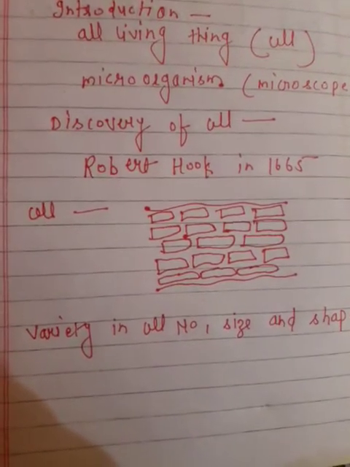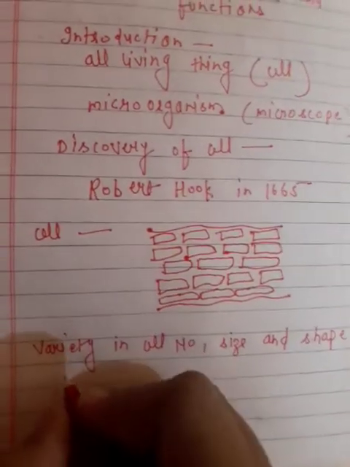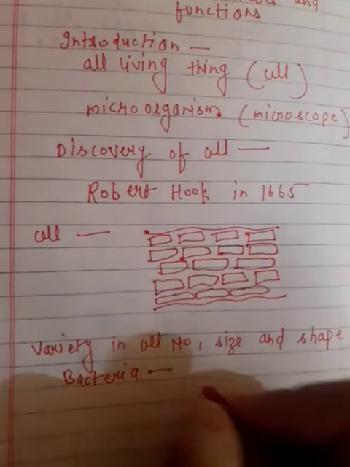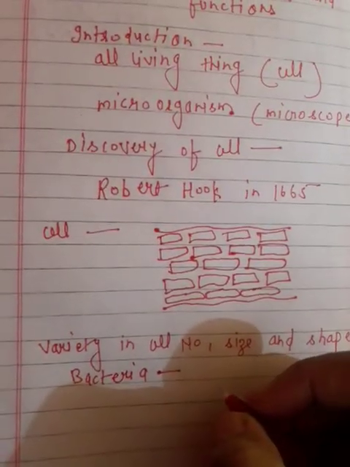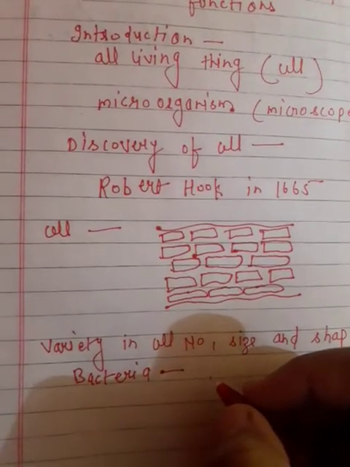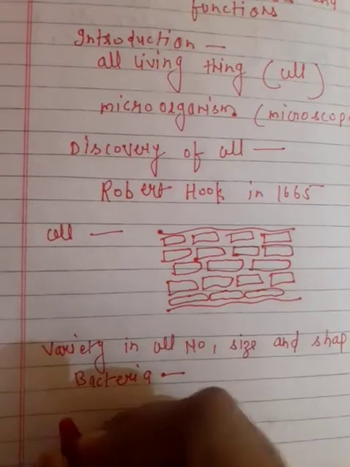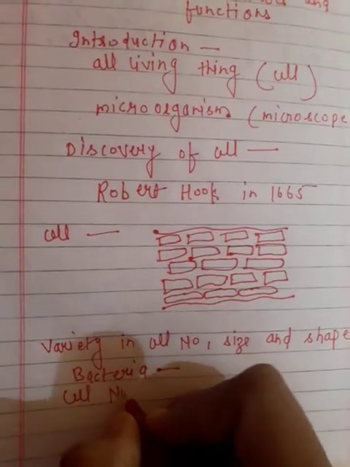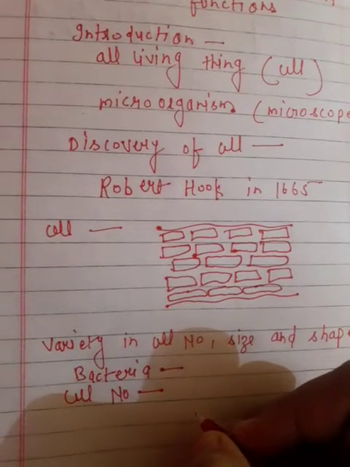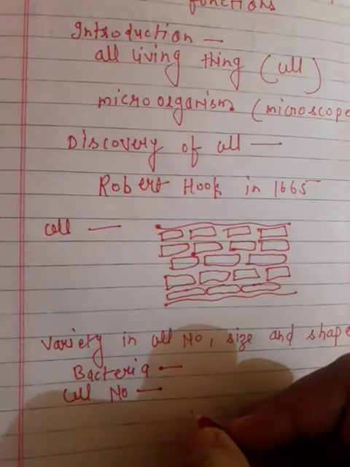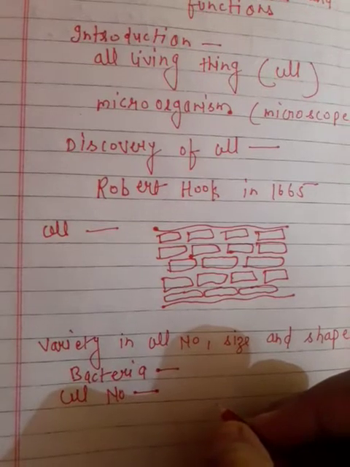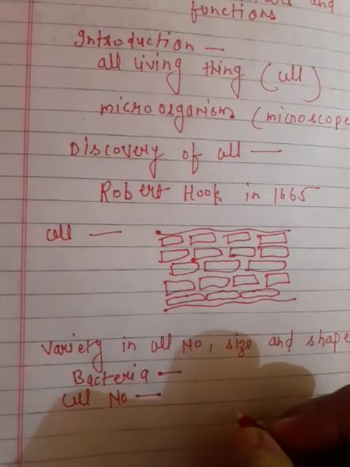Cell number. Some living organisms like bacteria, Chlamydomonas, amoeba and paramecium are made up of a single cell.